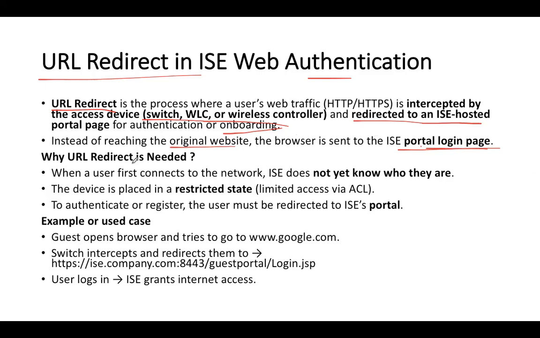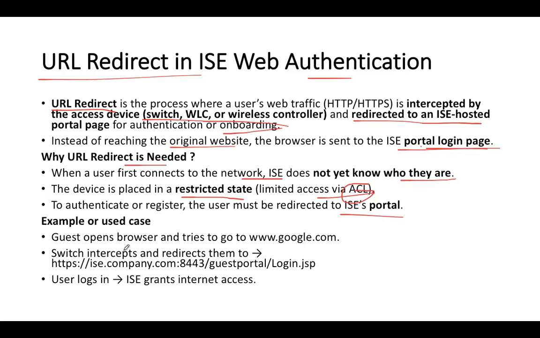Now, why is URL redirect needed here? Let's say when a user first connects to the network, ISE does not yet know who they are, right? Then the device is placed in a restricted state, meaning limited access via access list, because we have an access list in place. Now to authenticate or register, the user must be redirected to the ISE portal, right?